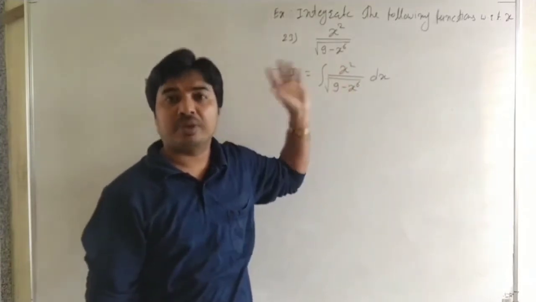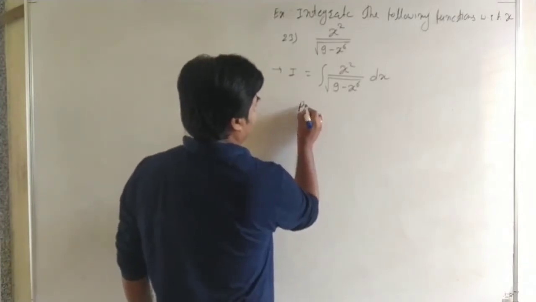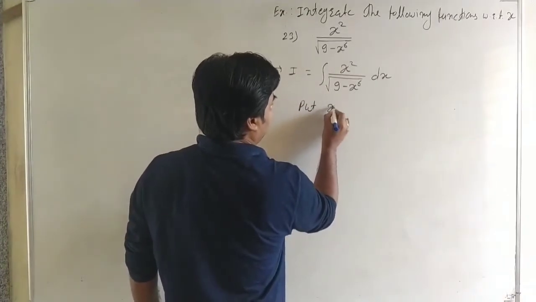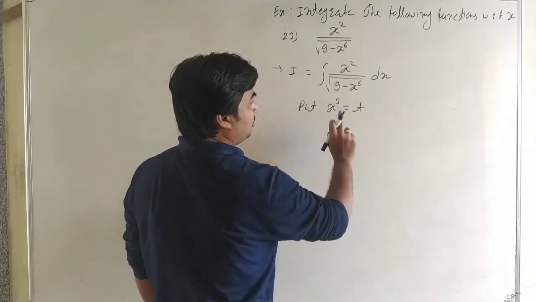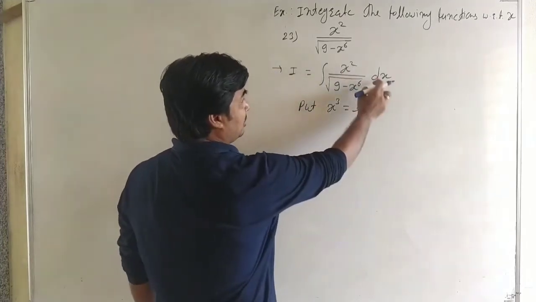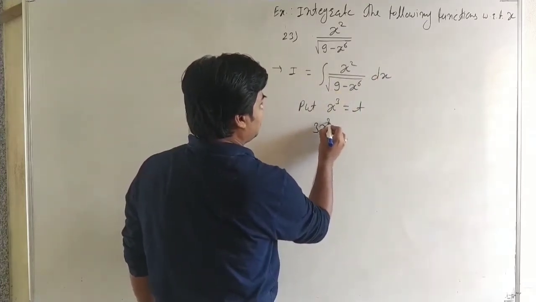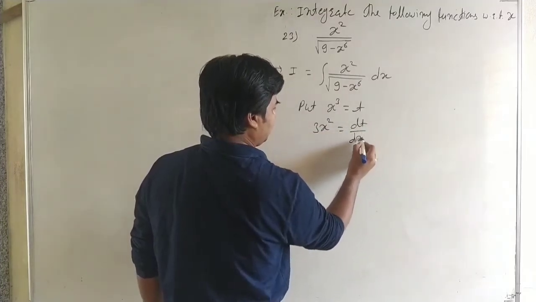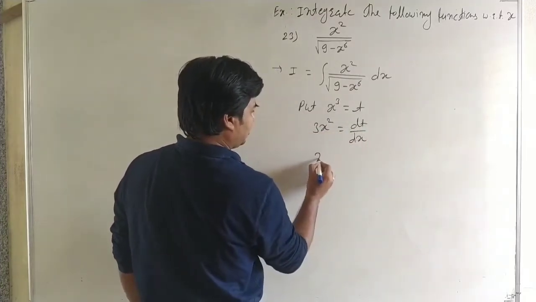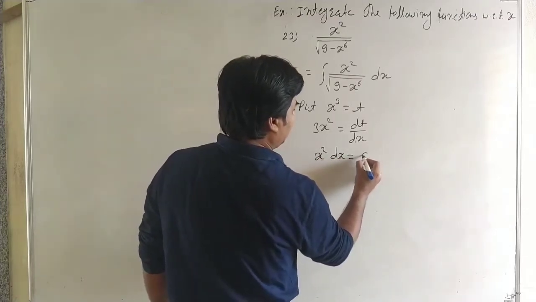Here see carefully, put x cube is equal to t. The derivative of x cube is 3x square, and x square is the multiple of dx, therefore 3x square is equal to dt by dx, and then x square dx is equal to dt by 3.